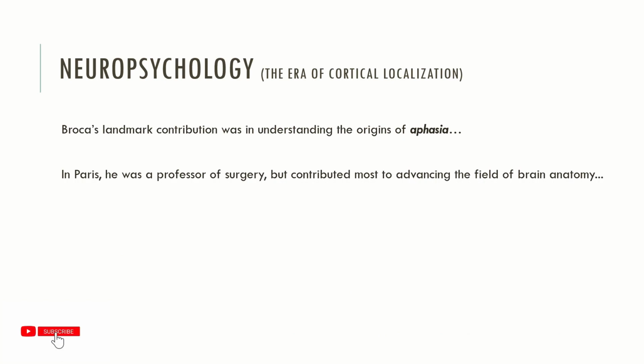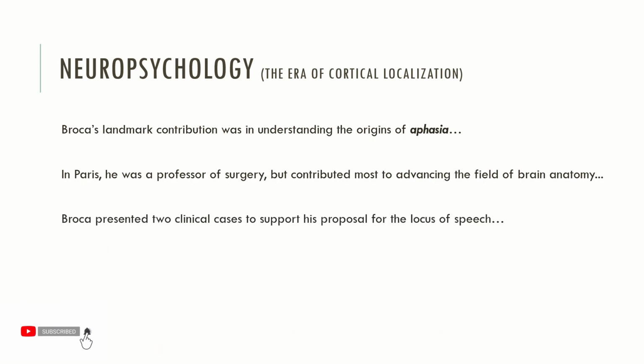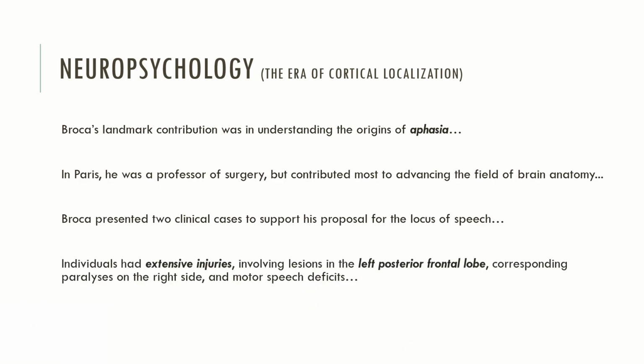Broca presented two clinical cases to support his proposal for the locus of speech. He stated that individuals who had extensive injuries involving different brain areas, such as the left posterior frontal lobe, had corresponding paralysis on the right side and motor speech deficits.